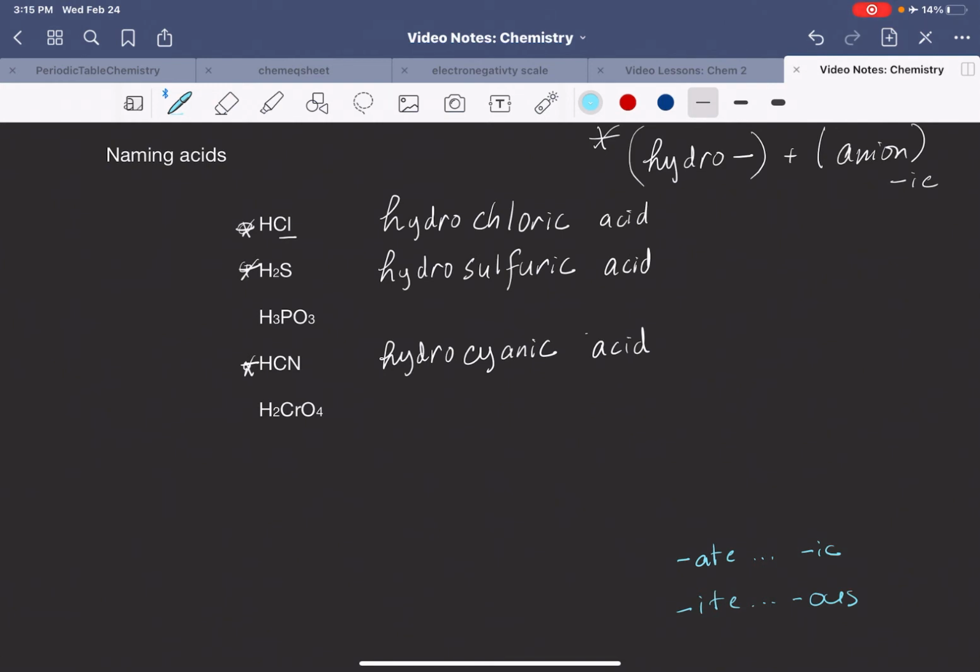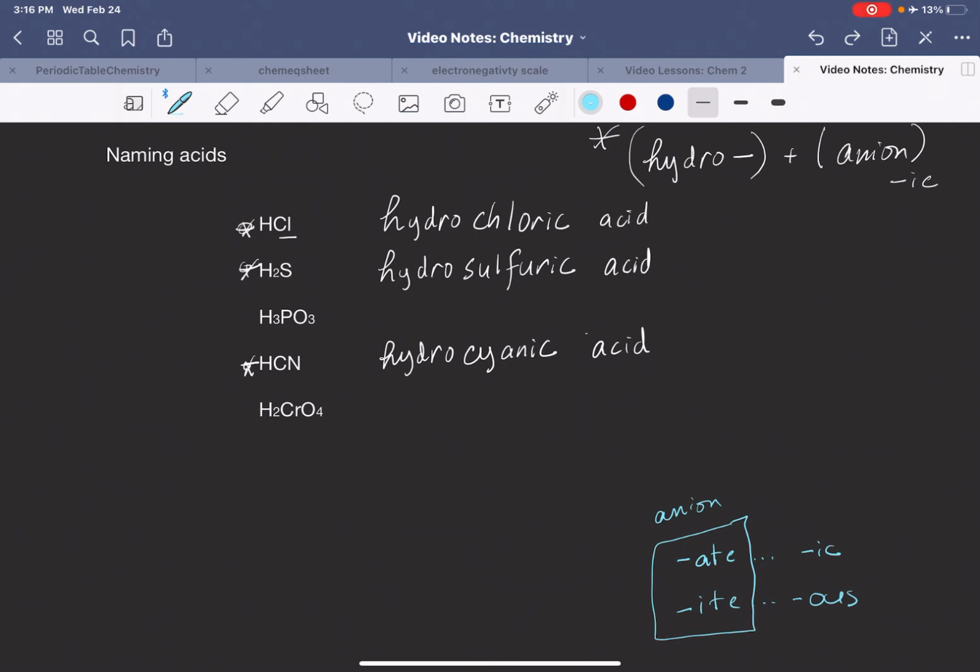When you have the anion, the negative part, that ends in ate or ite, then you drop this ending and you add this ending. If it ends in ate, you drop the ate and add IC. If it ends in ite, you drop the ite and add OUS.